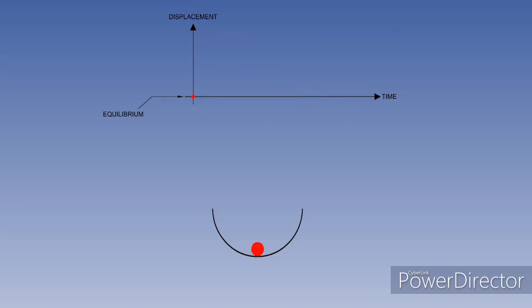Let's reset the graph and reintroduce the ball in the bowl. Displacement takes place. The disturbing force is removed, and an initial return towards equilibrium begins. Over a period of time, a return to equilibrium takes place.